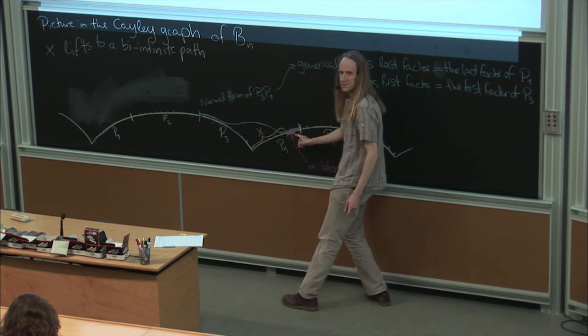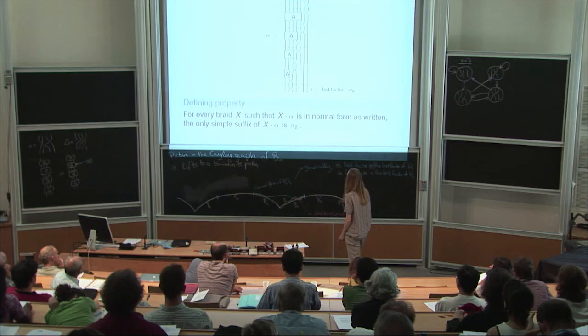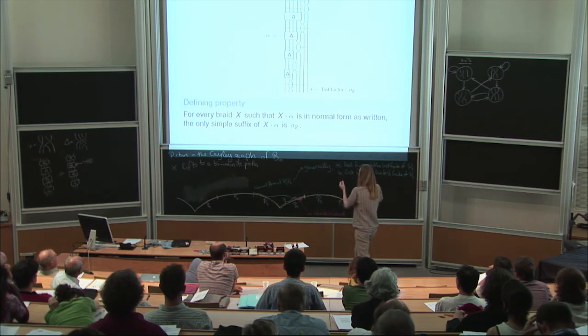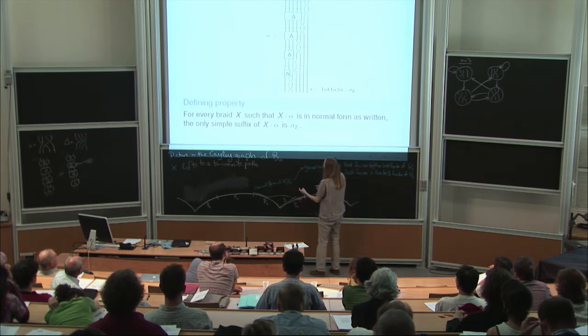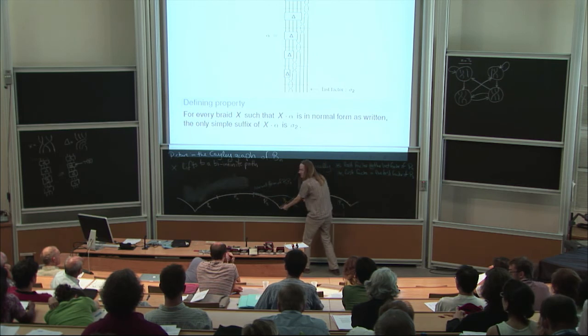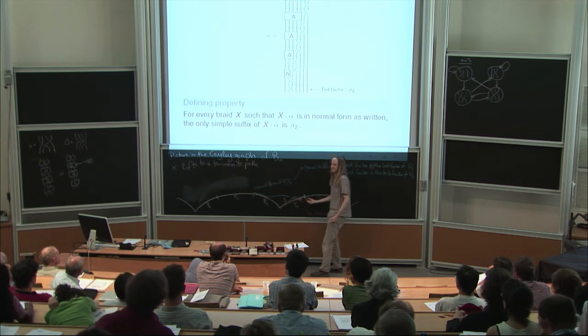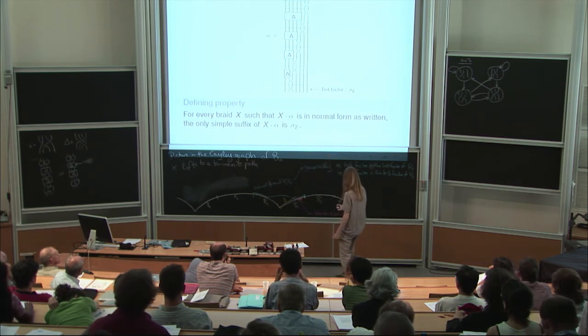But what remains is still a suffix of X alpha. So any suffix of what remains after the eating is still a suffix of X alpha. So it's sigma 2.